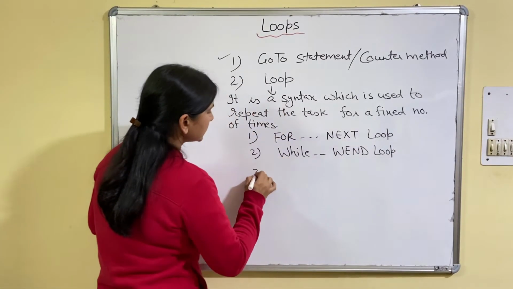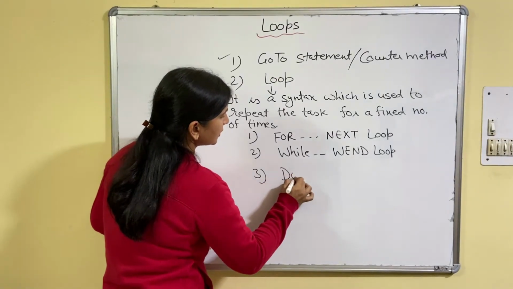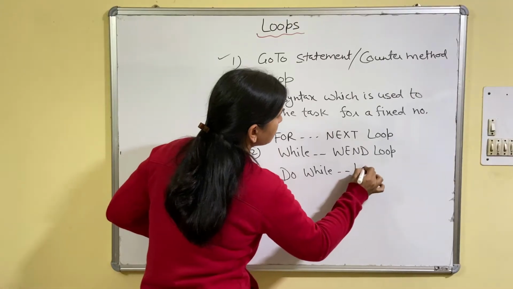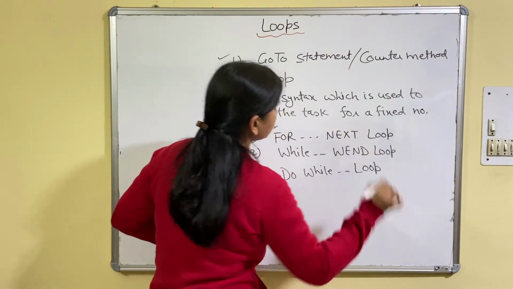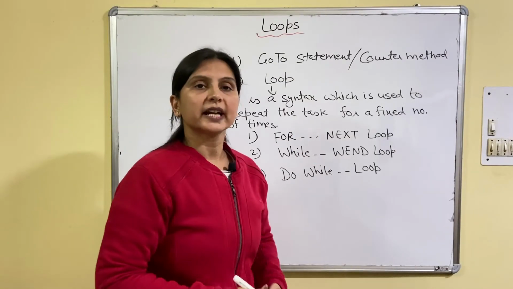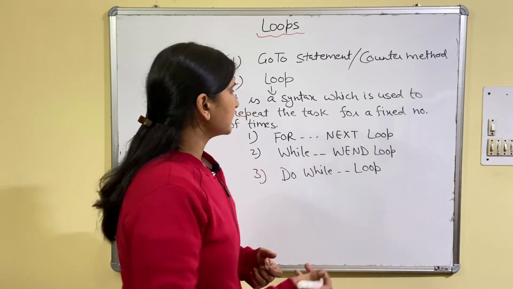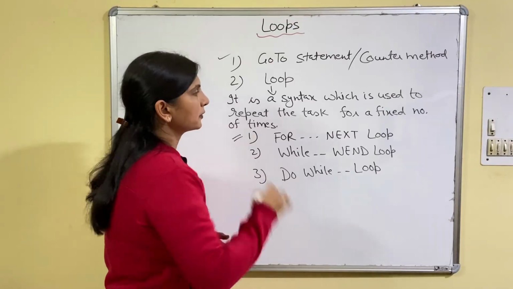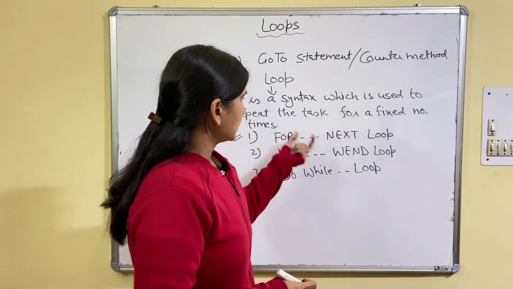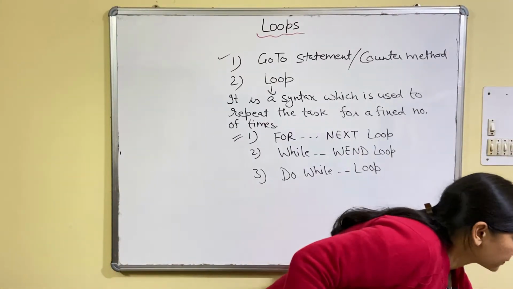And the third is the do while loop. These are the three types of loops. In this video we will discuss for next. The other two we'll discuss in the next video. So let's see the for next loop.